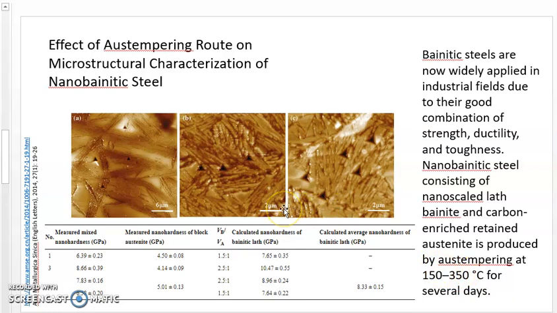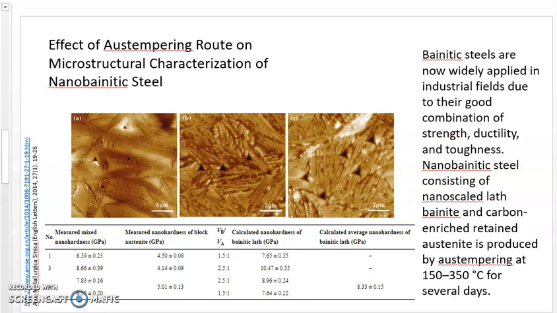So the nanobainitic steel has a good combination of strength, ductility, and toughness for some specific applications. Any structure in that kind of materials is always a nanostructure. Look at the ruler, 2 microns.